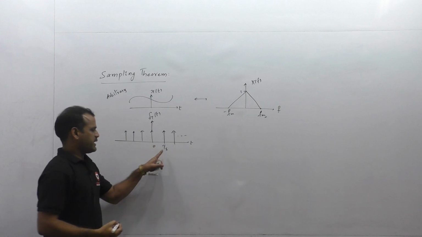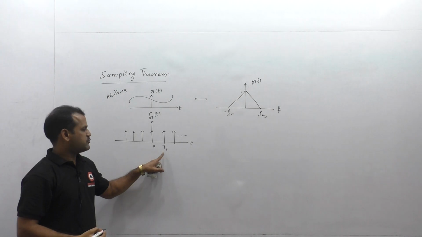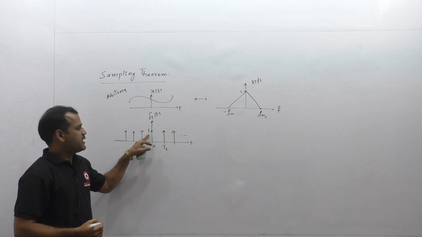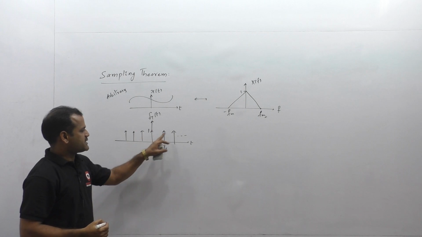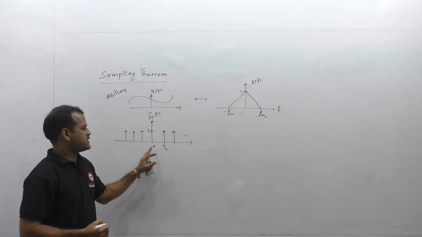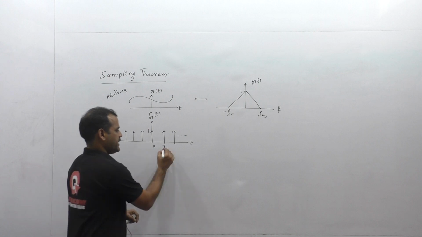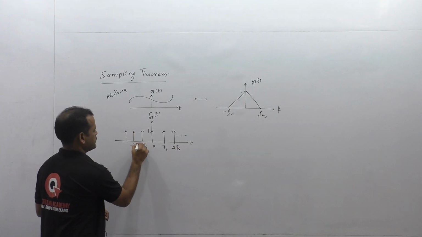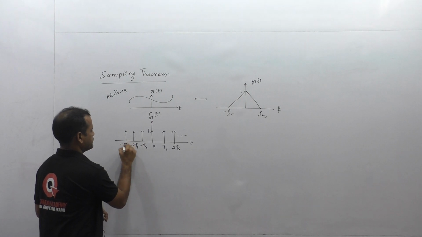one Ts duration apart. Observe that the amplitude I am considering for this delta train is 1, and each delta function is spaced Ts apart: Ts, 2Ts here and minus Ts, minus 2Ts and so on.